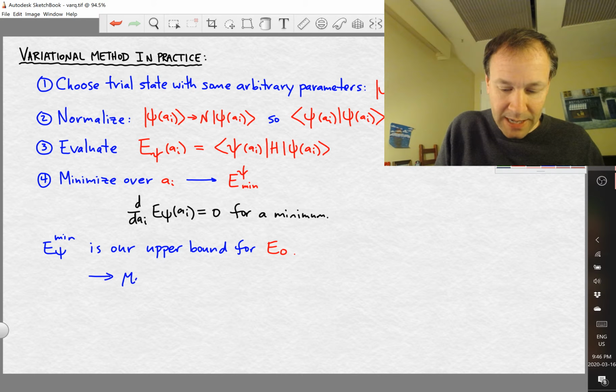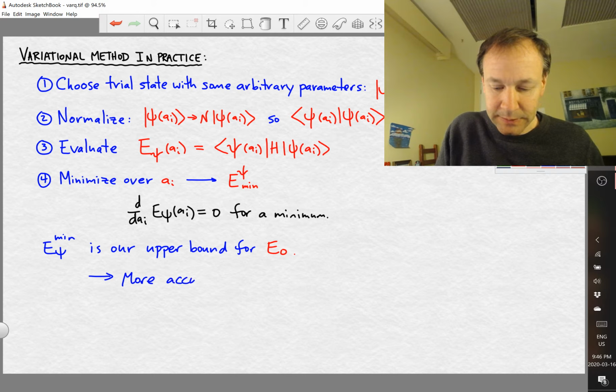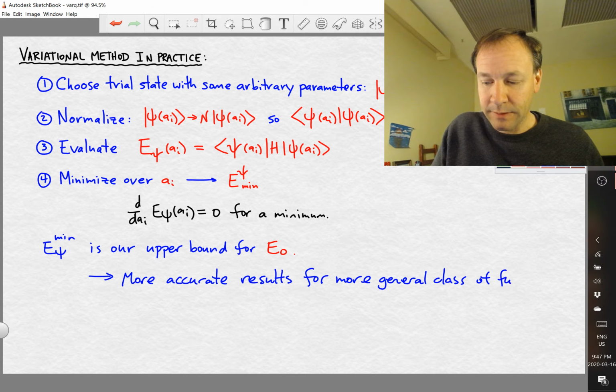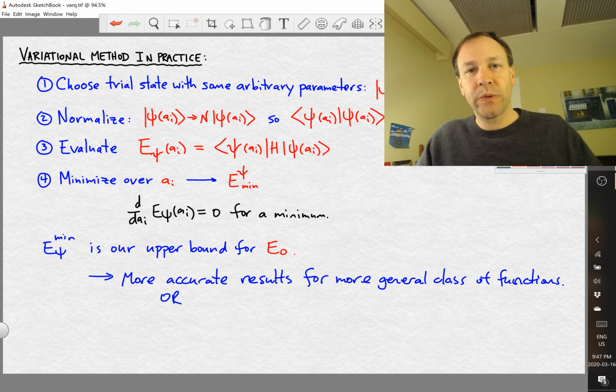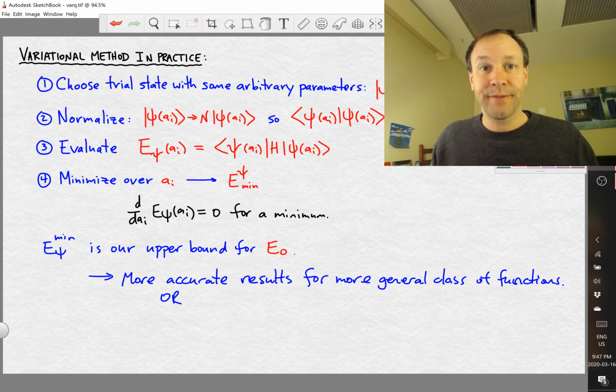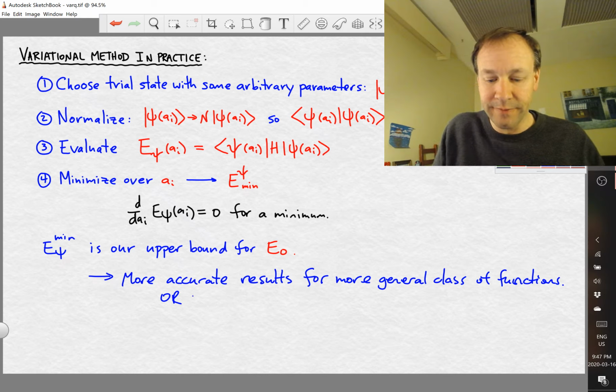So we'll get more accurate results for a more general class of functions. But we can also get more accurate results if we're just a little bit clever about the kind of functions that we're choosing as our guess.